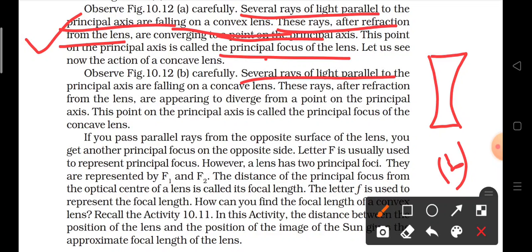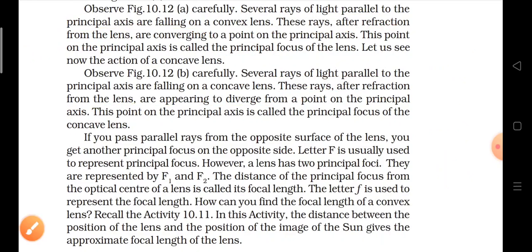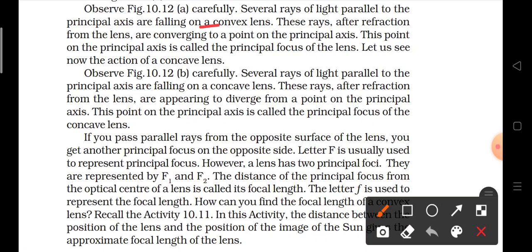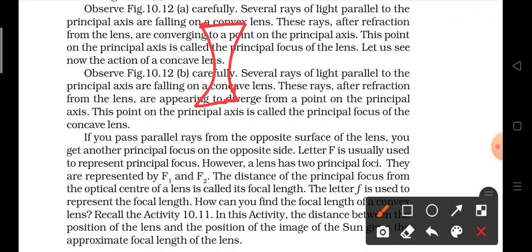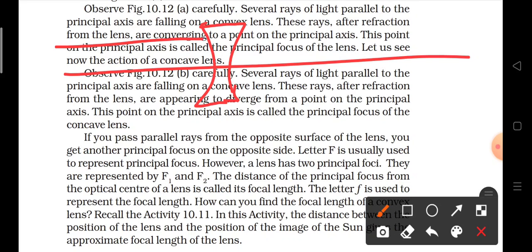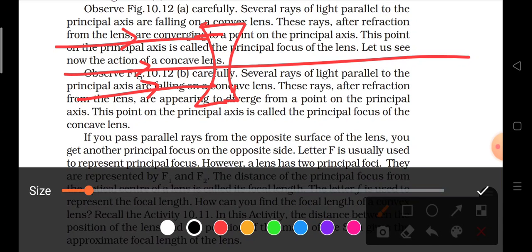Several light rays coming parallel to the principal axis fall on the concave lens. These light rays after refraction from the lens appear to diverge. It means the light rays which have been incident on the concave lens, and this is your principal axis, the light rays which are coming parallel to the principal axis diverge after refraction.